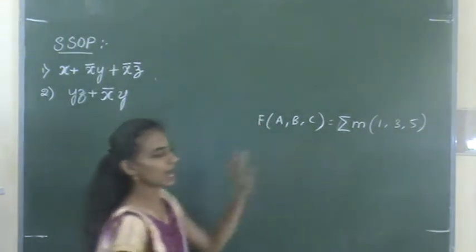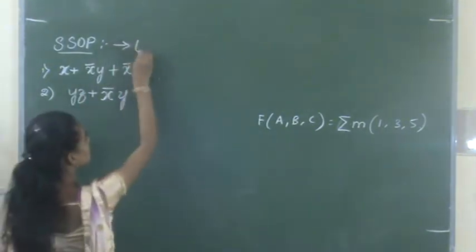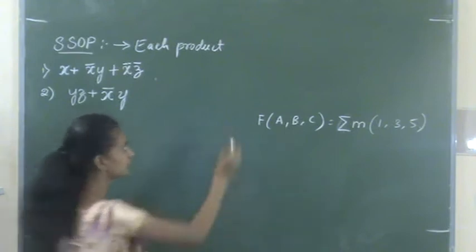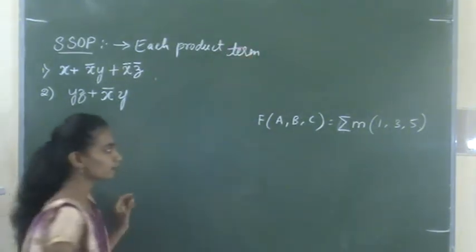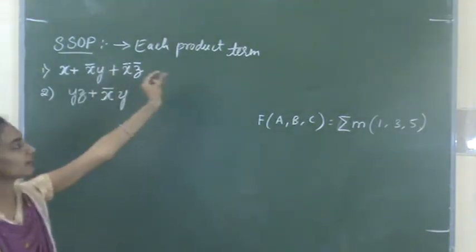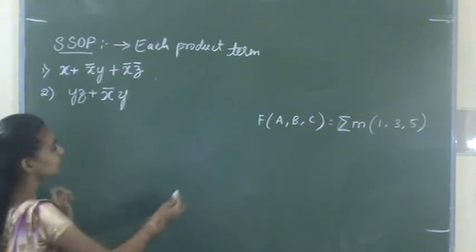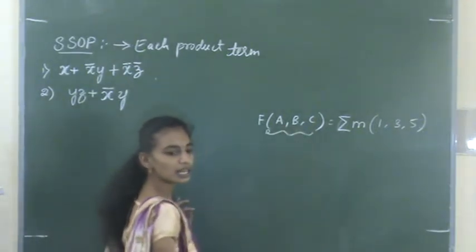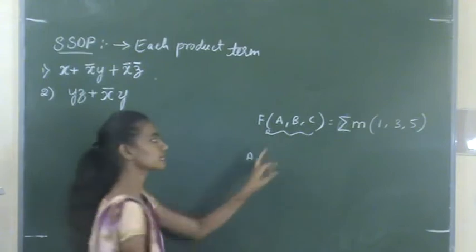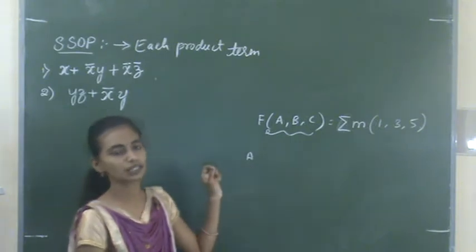So what does standard SOP mean? Each and every product term has every variable. Suppose we are taking three variables, A, B, C. If each product term contains all these three variables or their complement, we call it standard SOP form.